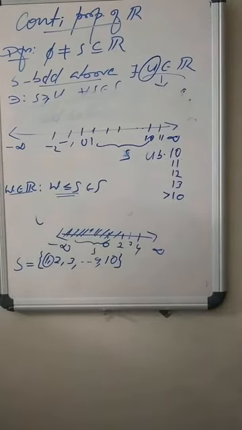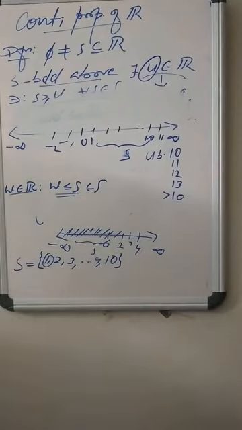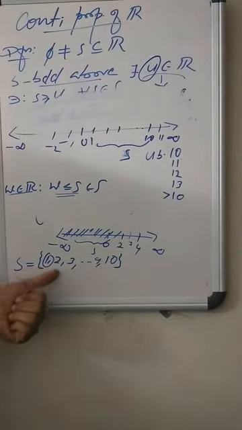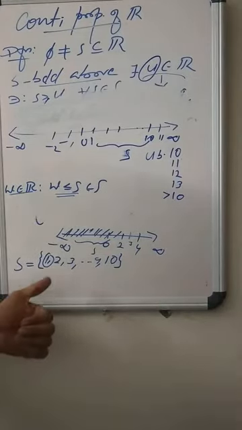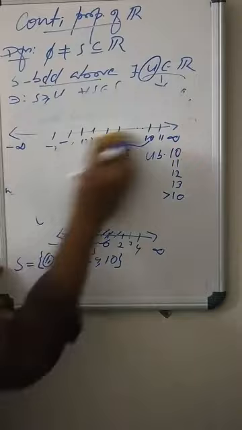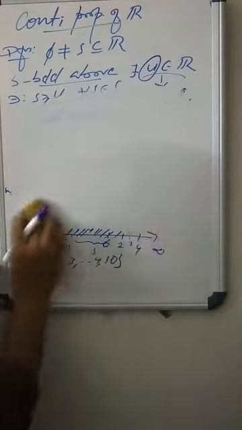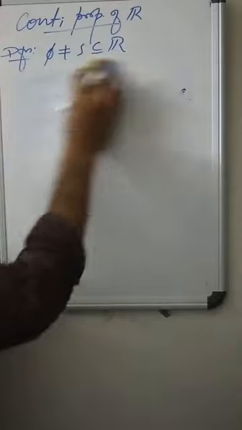10 is an upper bound and all numbers greater than 10 are upper bounds. In the case of a finite set, the least element is a lower bound and the largest element is an upper bound. This is a crucial point for a finite set. And a set has an infinite number of lower and upper bounds.